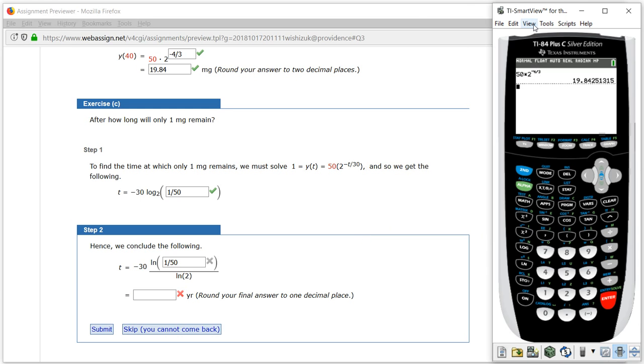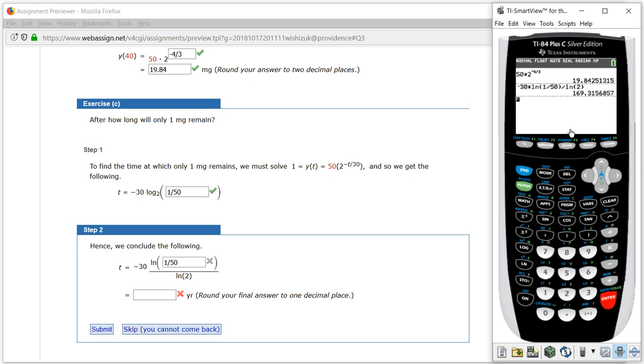So it's going to be negative 30, multiplied by the natural log of 1 over 50, and then divided by the natural log of 2. Then hit enter.